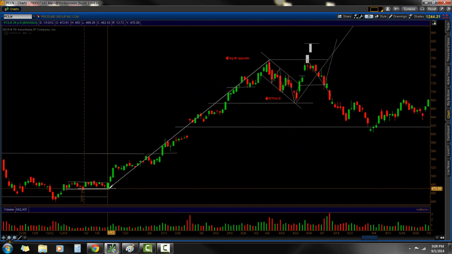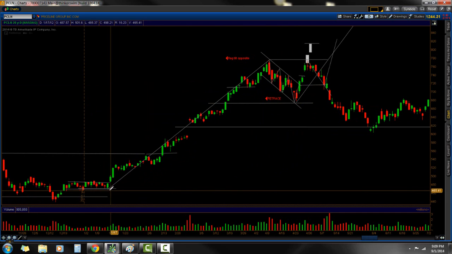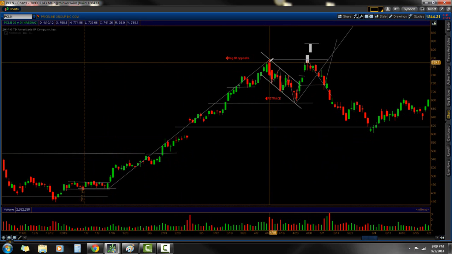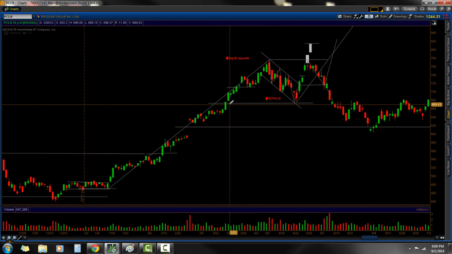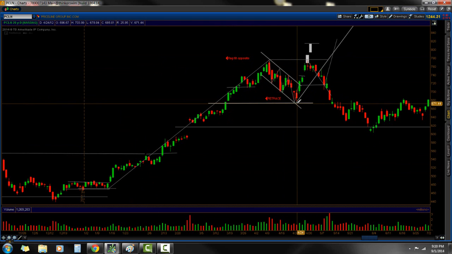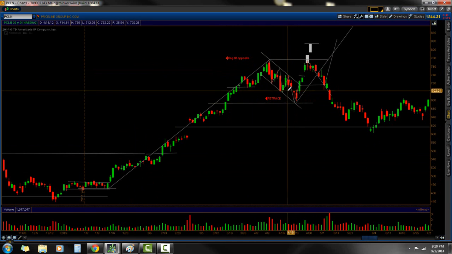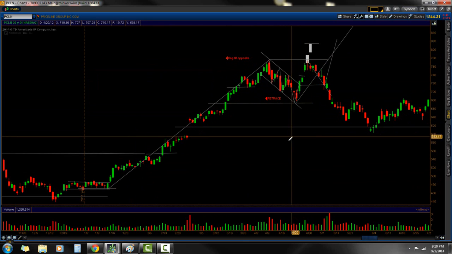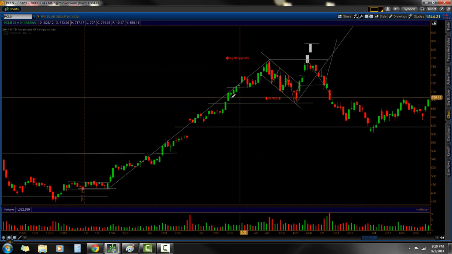Just like here, when this doesn't pull all the way down to the bottom of the channel, it's an idea for us that it might be bullish and going up. When these flags stop at about 36% of the flag's distance, that means that you might have an idea that this flag might be stopping, or that this might actually be a flag. And it did. It stopped, and then it broke out perfectly. Okay? So look for that.